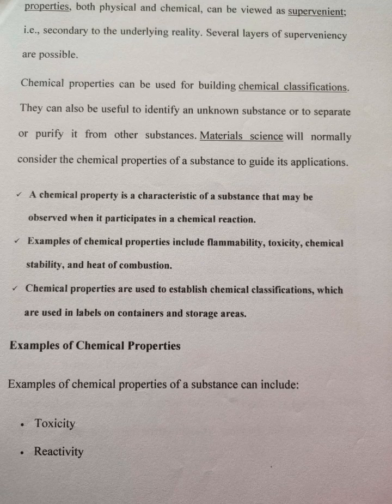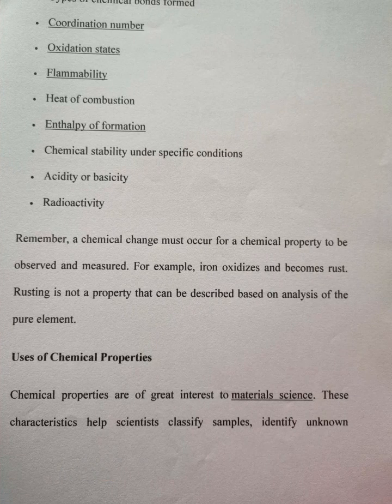Examples of chemical properties of a substance can include: first is toxicity, second is reactivity, third is type of chemical bond formed. Chemical bond means ionic bond, covalent bond, hydrogen bond, coordinate bond. And fourth is coordination number.